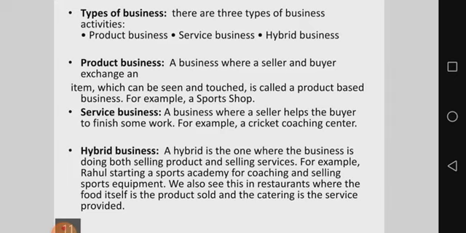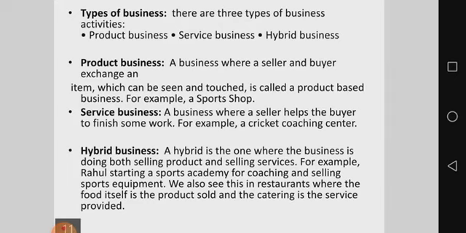We also see this in restaurants where the food itself is the product sold and the catering is the service provided. So if the products and services are both available at the same place, then it will be called a hybrid business.